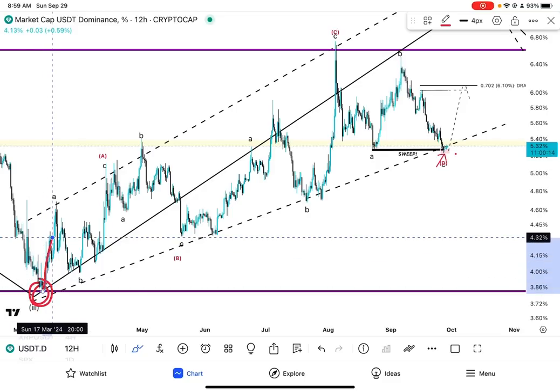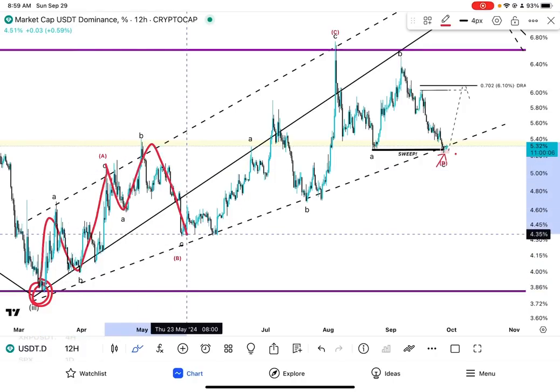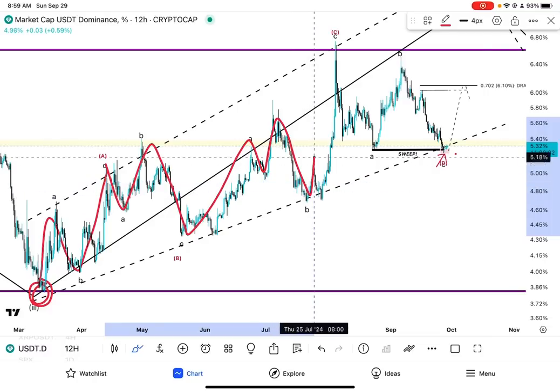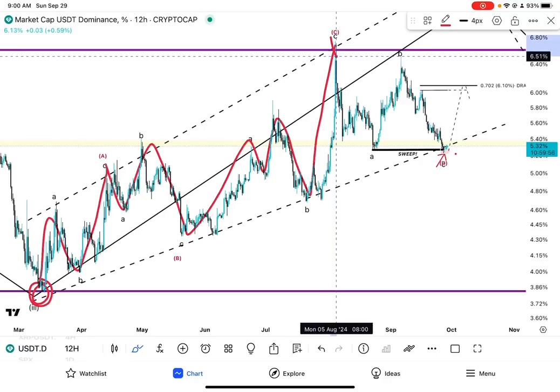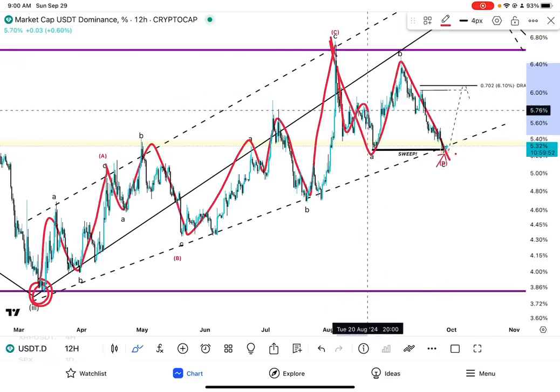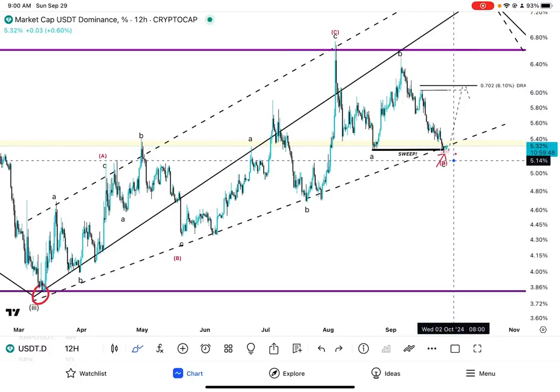So you're going to have an ABC for each of the subwaves. So you have an A, B, C up for your A, B, C down for your B, another A, B, C up for your C, and then you have another A, B, C down for your D. So A, B, C, 3 down in your A, 3 up in your B, and then a 5-wave move to the downside for your C. Okay?